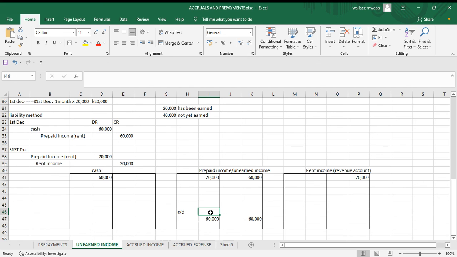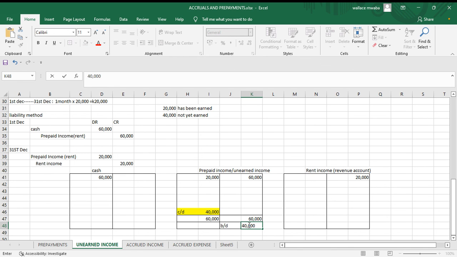It equals 60,000 minus 20,000, which is 40,000. As we stated earlier, this is the amount that hasn't been earned. We bring down the balance brought down of 40,000, meaning our liability has decreased to 40,000.